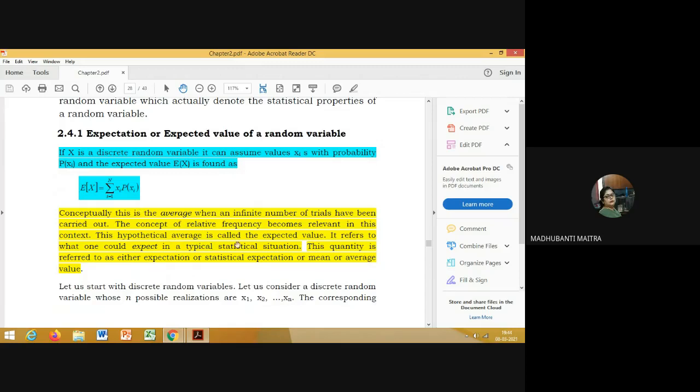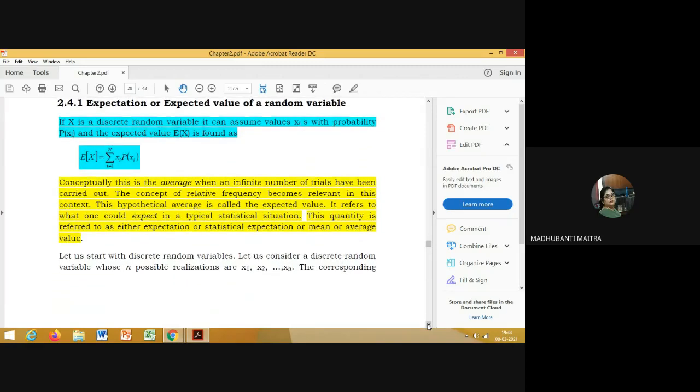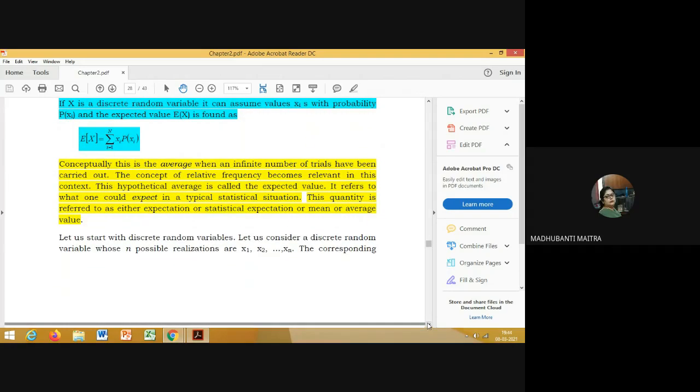A hypothetical average is called the expected value. It refers to what one would expect in a typical statistical situation, right? While we are considering any game of chance or any statistical situation, what we would expect, that is the expected value or average value. And why are we saying that the concept of relative frequency can be applied?